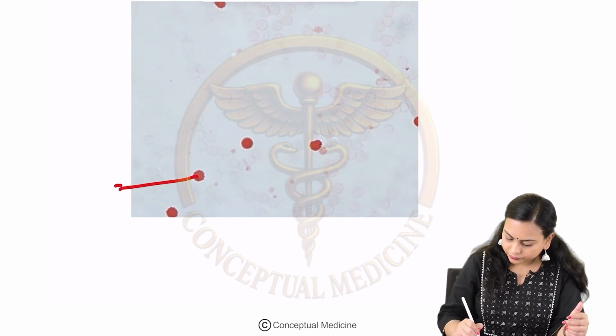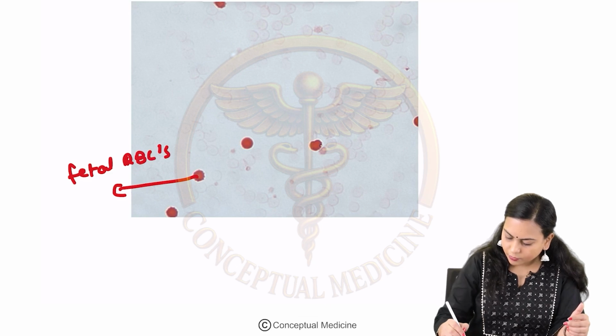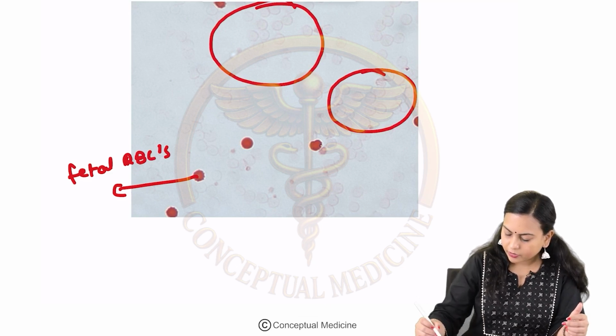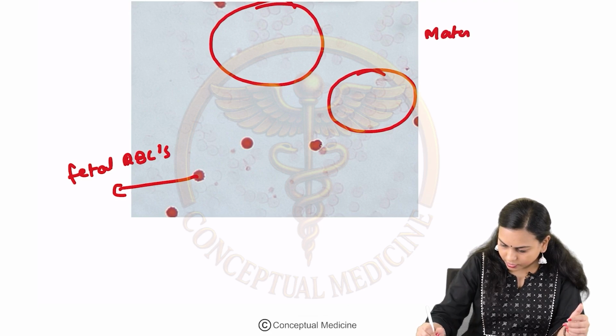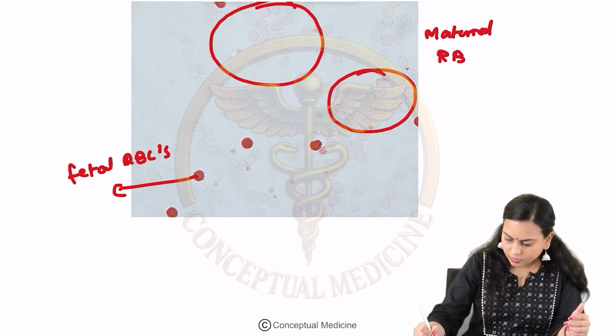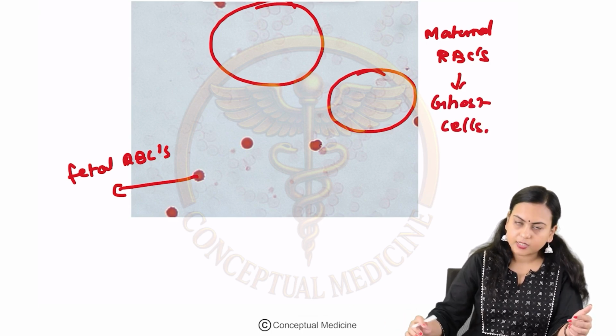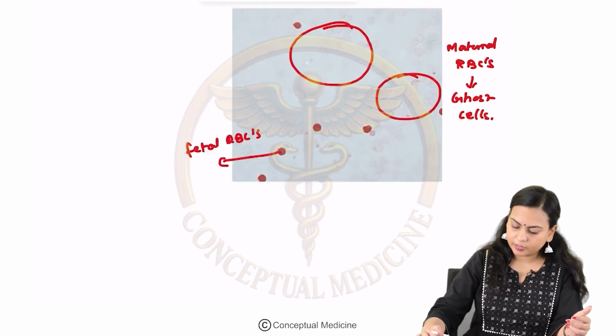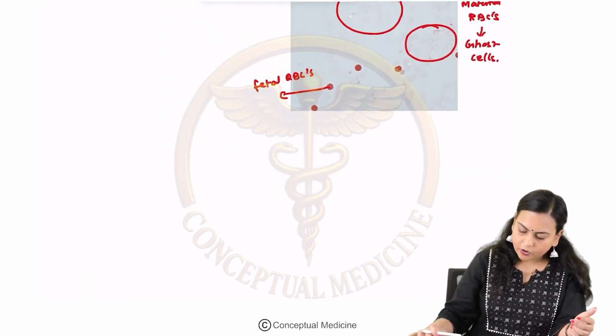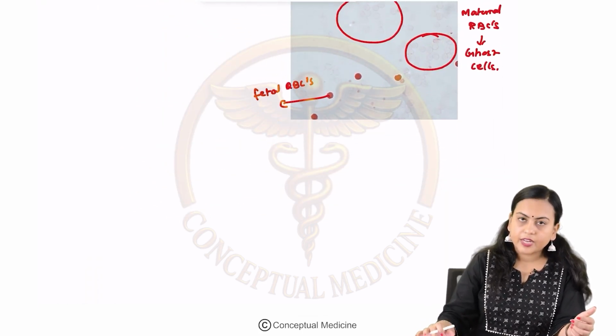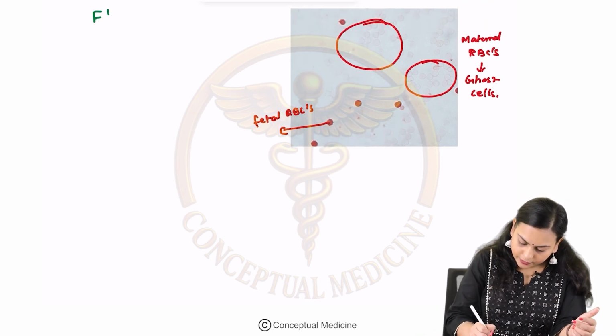So these are the fetal RBCs, okay, and whatever you see here and all, these are the maternal RBCs, okay, that has lost the hemoglobin, and they are known as ghost cells. Clear? Yes.